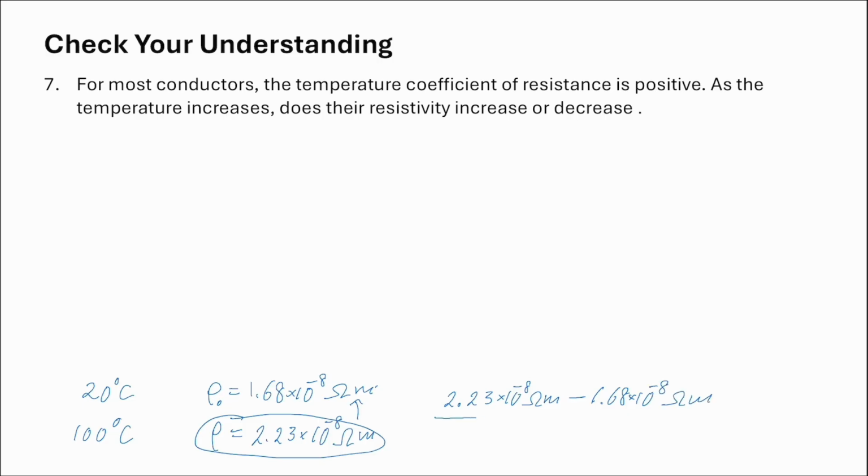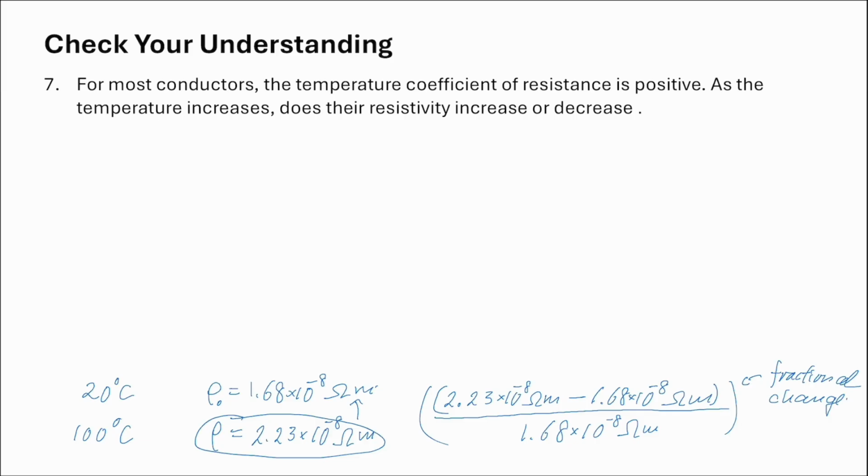Now we find the fractional change. The numerator is the change, and we divide this by the original 1.68 times 10 to the minus 8 ohm meter. We call this factor the fractional change. Now for the fractional change, if you look at the unit, the numerator is ohm meter, but the denominator is also ohm meter.